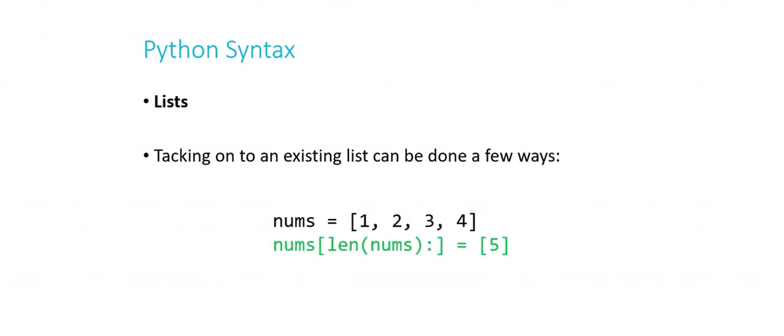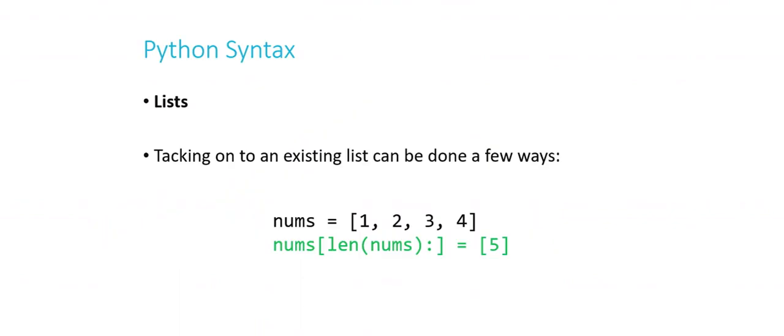This also does the same thing. Nums[len(nums):] = [5]. A little bit weirder, but basically what we're doing here is we're creating another list, effectively, and we're splicing it on to the one that exists before. So what I'm saying is I'm creating a new list.